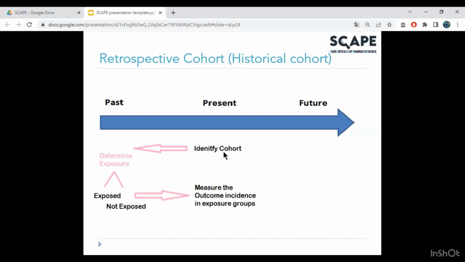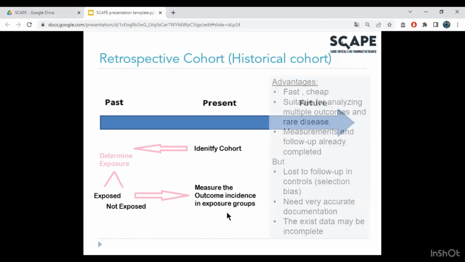If you identify a cohort from this large database, then you can divide the cohort into exposed and non-exposed. Remember, this exposure happened in the past. So you just catch the cases who have the exposure and the cases who don't have the exposure, and then follow them up within the database until you measure the incidence of the disease in both groups.